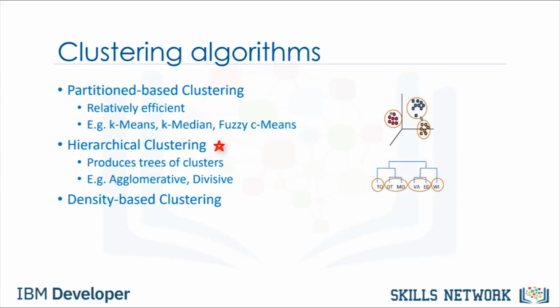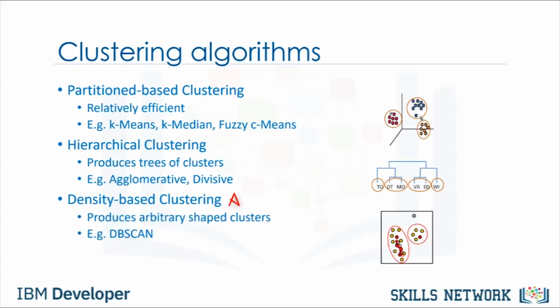This group of algorithms are very intuitive and are generally good for use with small-sized datasets. Density-based clustering algorithms produce arbitrary-shaped clusters. They are especially good when dealing with spatial clusters or when there is noise in your dataset. For example, the dbScan algorithm.